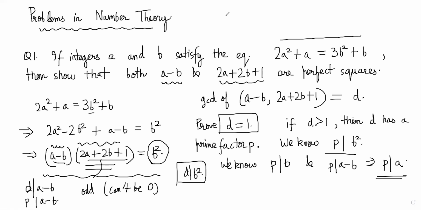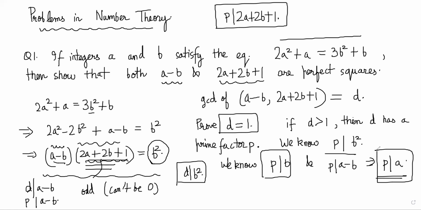And we also know that p divides 2a plus 2b plus 1. How do we know this? Same argument: d is a divisor of 2a plus 2b plus 1, so p is a divisor of 2a plus 2b plus 1. But now we have a contradiction, because we have already concluded that p divides b and p divides a. So p clearly divides 2a plus 2b.